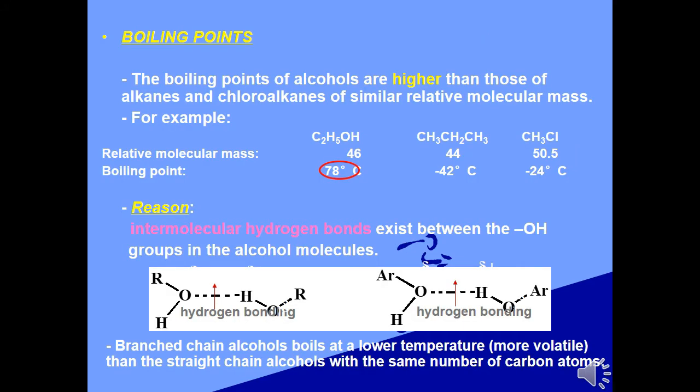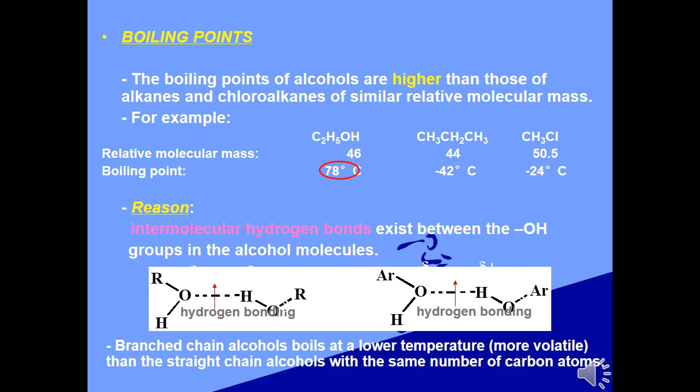Okay, boiling points. The boiling points of alcohols are higher than those of alkanes and chloroalkanes of similar relative molecular mass. For example, C2H5OH relative molecular mass is 46, boiling point is 78 degree Celsius.